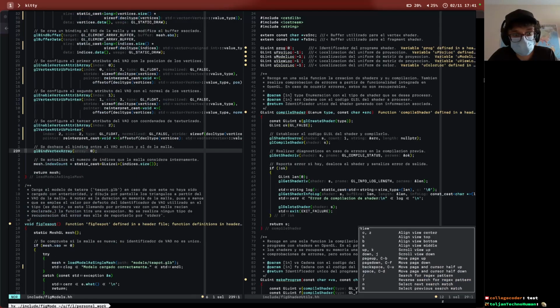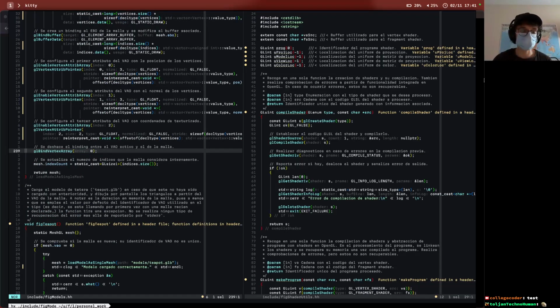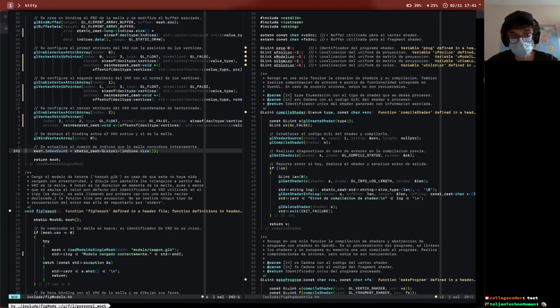Then we unbind the vertex array, so we leave the active VAO free for the next time we want to draw something on screen that is not the mesh we just loaded with the async asset importer.